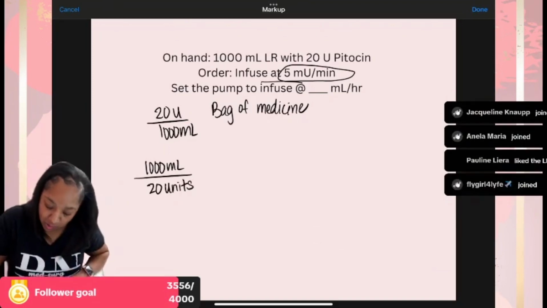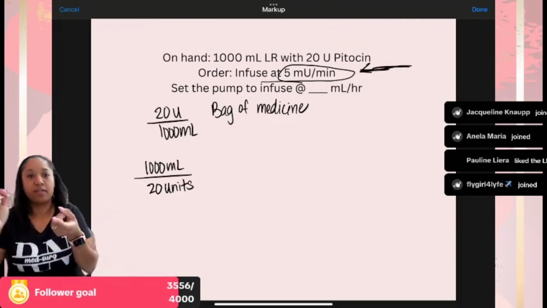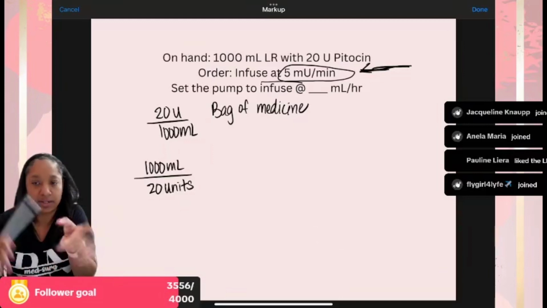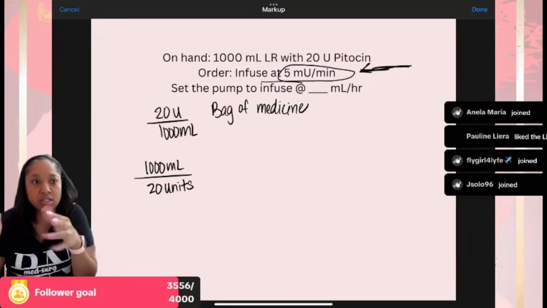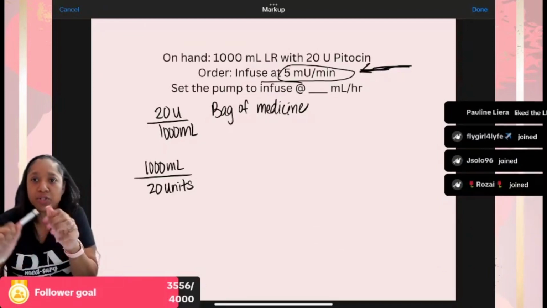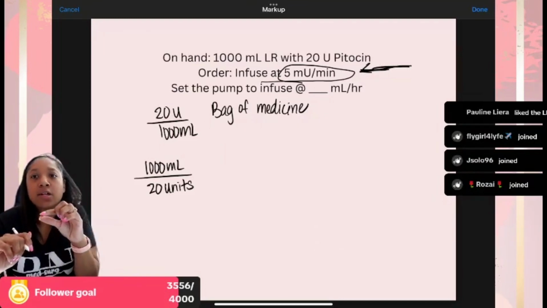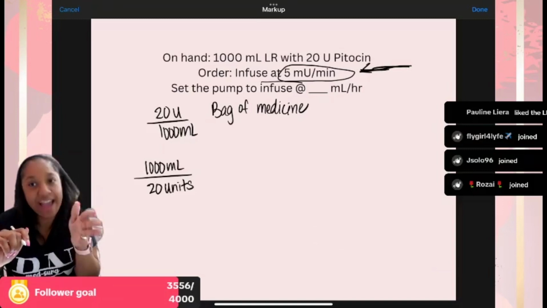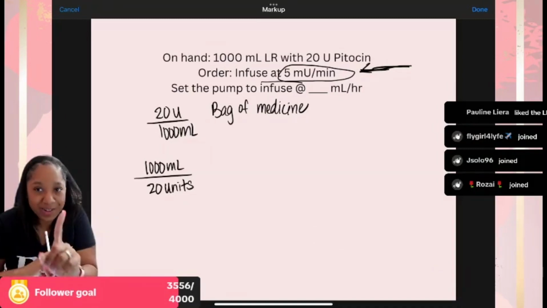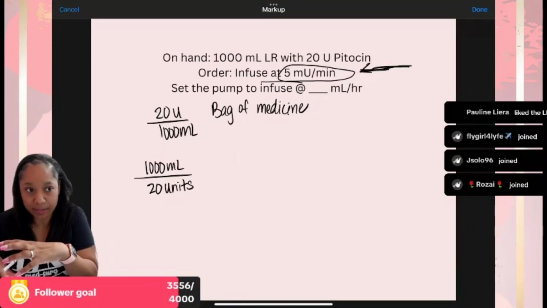When we look at this order right here, just like you have grams, milligrams, kilograms, it's units, milliunits, kilounits. It's the same concept. That prefix determines your factors. So 1 unit is going to equal 1,000 milliunits, just like 1 gram equals 1,000 milligrams.